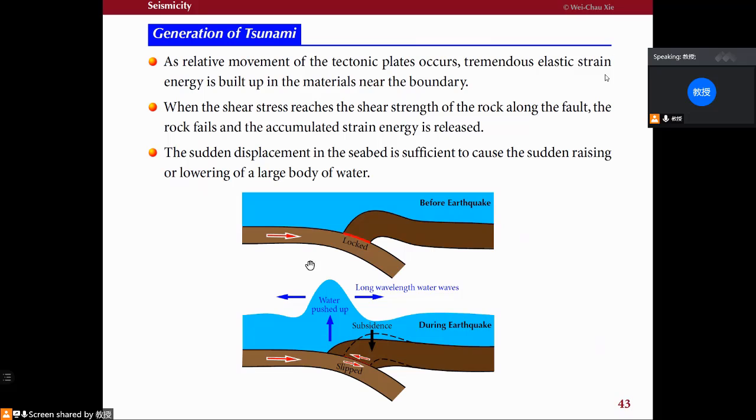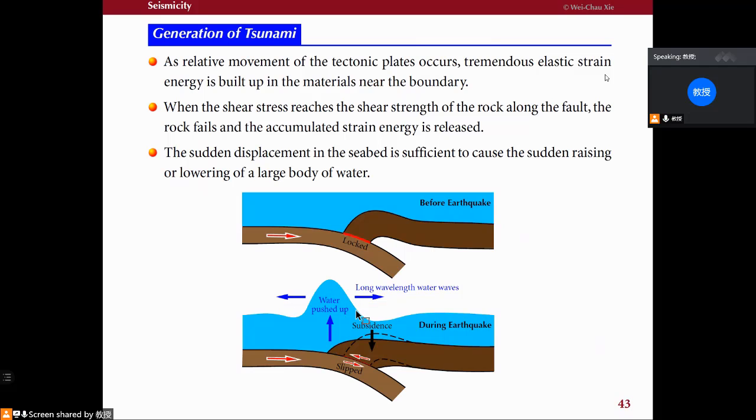The sudden displacement in the seabed is sufficient to cause the sudden raising or lowering of a large body of water. Okay, so it kicks this body of water up, and then the water will propagate.